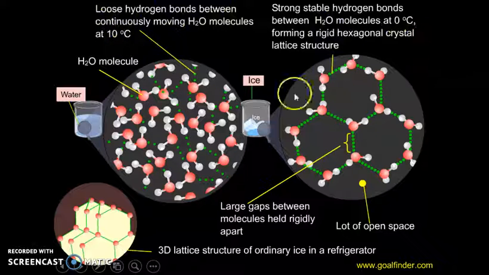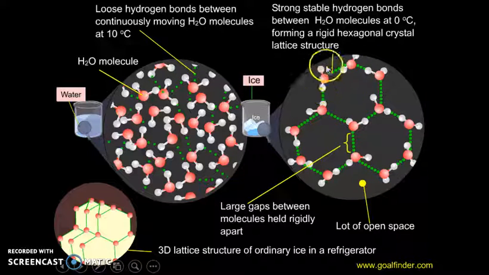This is the comparison that we can see for the molecules of water in liquid form and molecules of water in ice. In the liquid form, the molecules move actively compared to the molecules of water in the structure of ice, which has been frozen here.